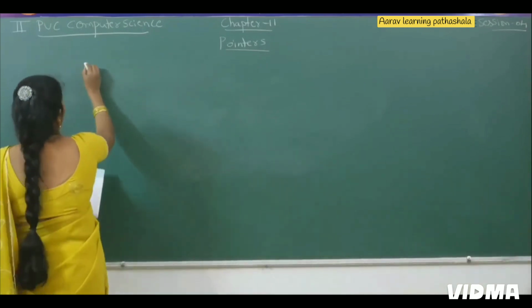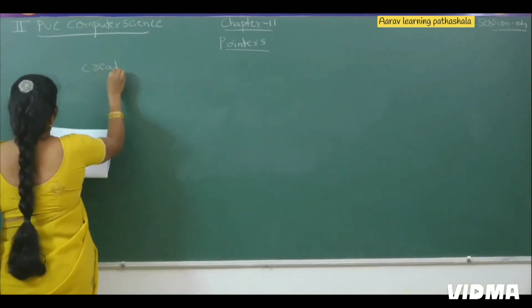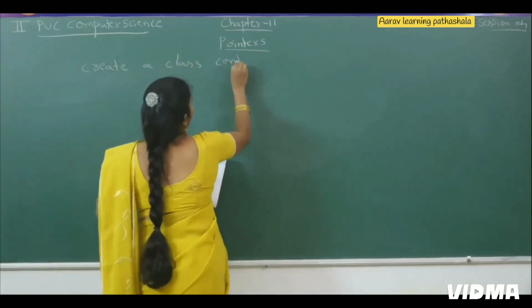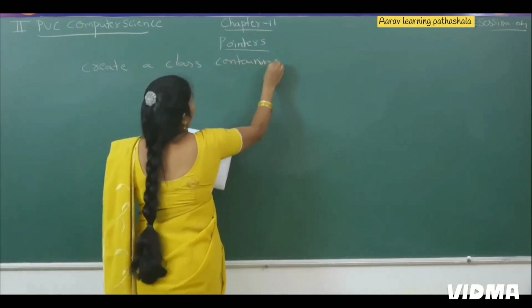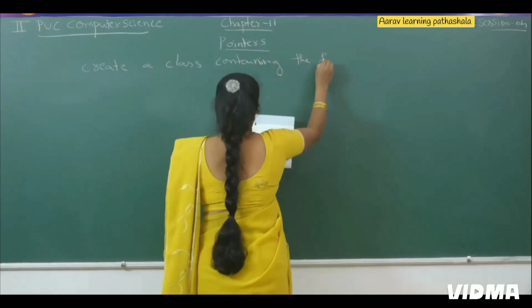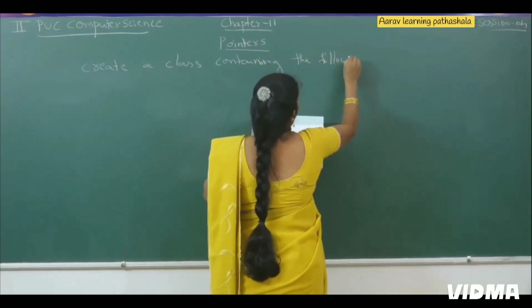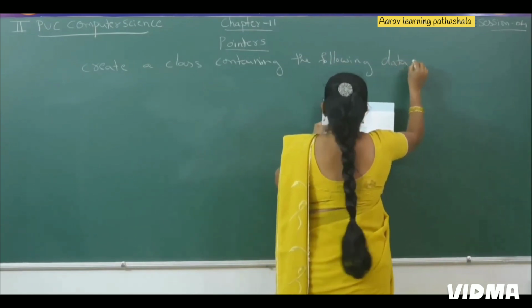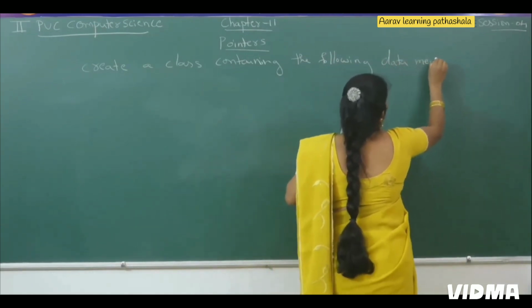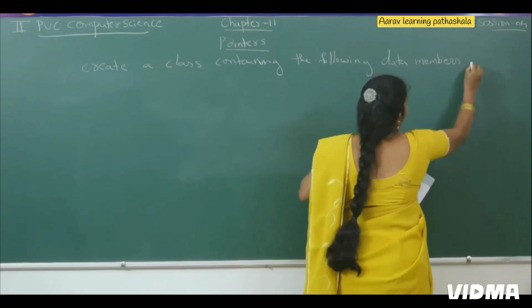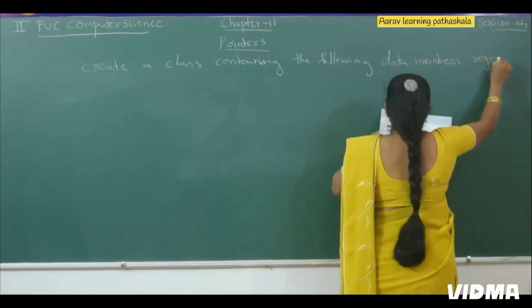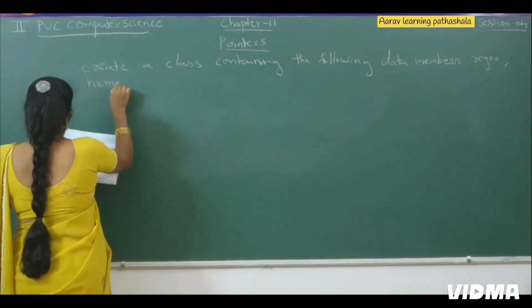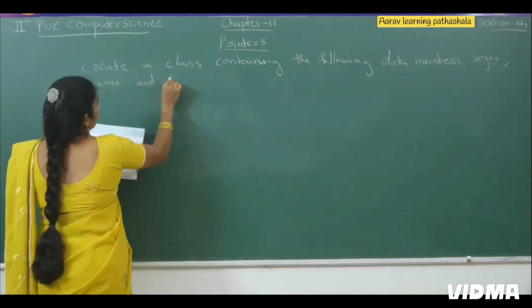On this, we have a question. Create a class containing the following data members: register number, name and fees.